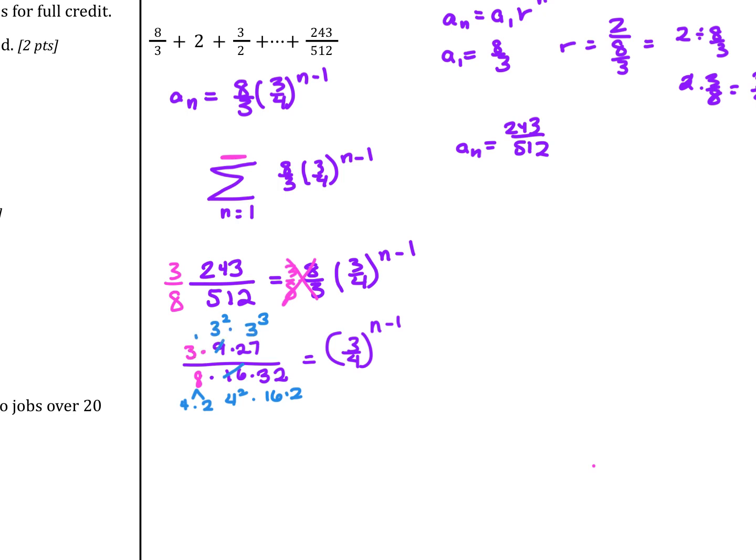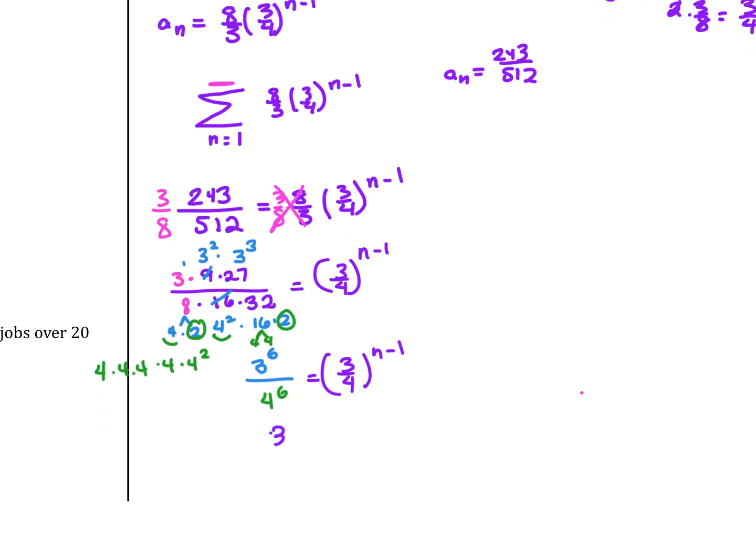So if I add that all together, the numerator is 3 to the 6th power over, and let's see, I can make these two become a 4. This 16 breaks down to 4 times 4. Then I have this 4, and then a 4 squared, which is right here. So 1, 2, 3, 4, 5, 6. So I have 4 to the 6th in the denominator. And that equals 3 fourths to the n minus 1.